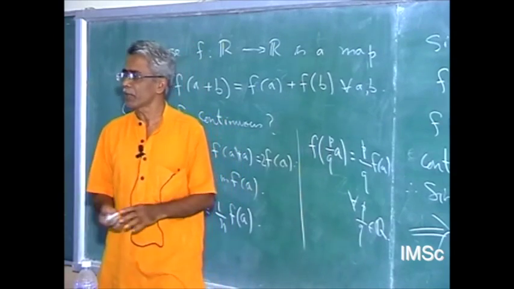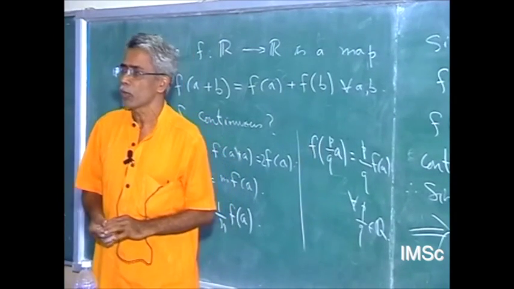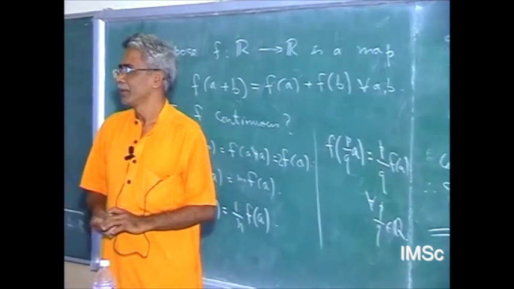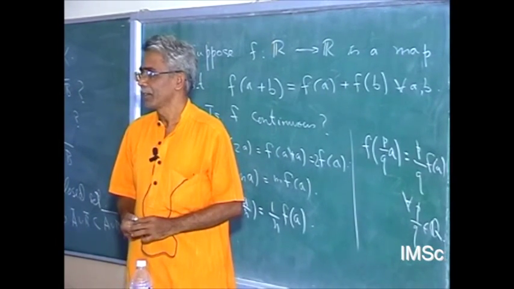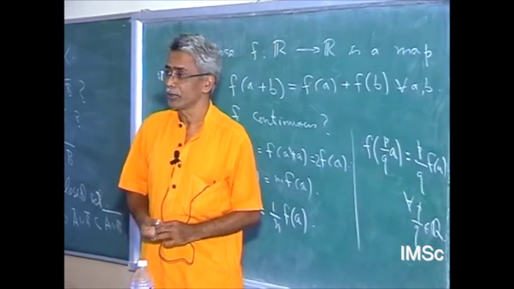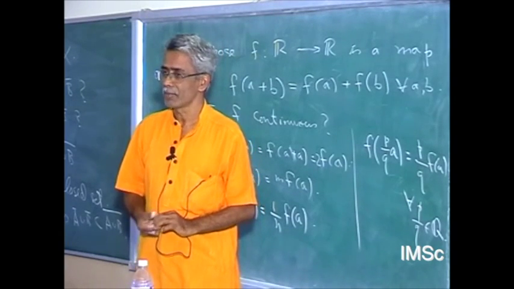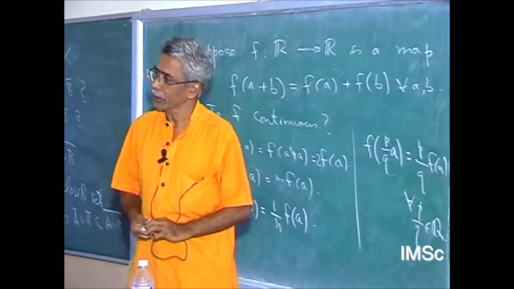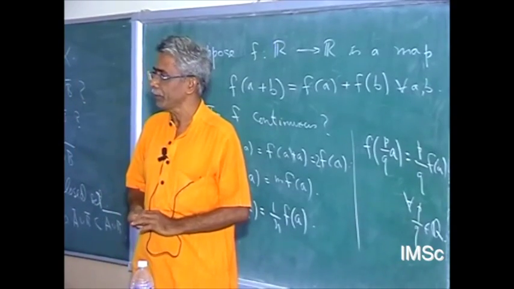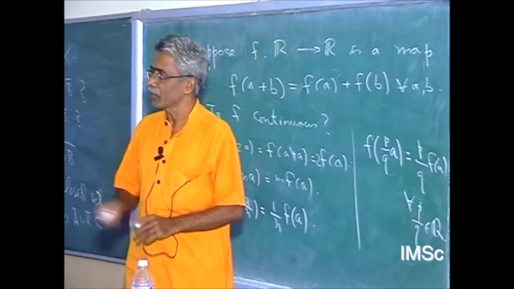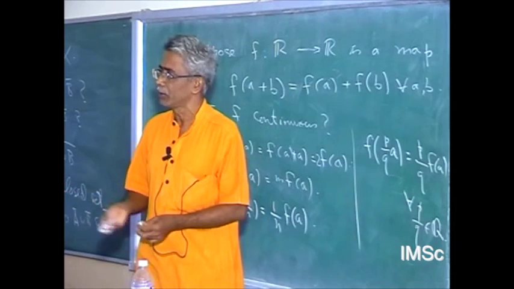What is the dimension of the vector space R over Q? What is the cardinality of real numbers? It is uncountable. Okay, C. What about rationals? It is countable. If I take Q power n for any integer n, it will be again countable because product of countable sets is countable.